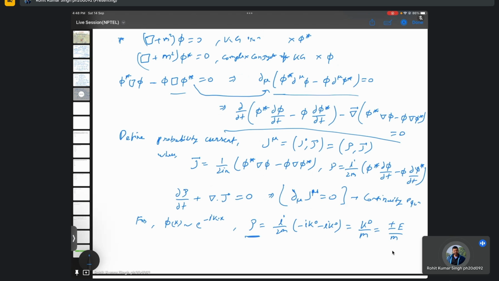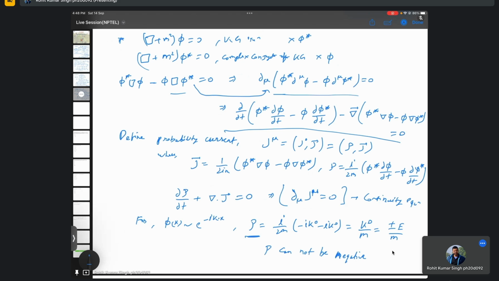Because we had positive and negative energy states, the probability density will also have negative values, right? But this cannot be possible. Probability cannot be negative. It doesn't make any sense. So this makes the Klein-Gordon theory inconsistent.